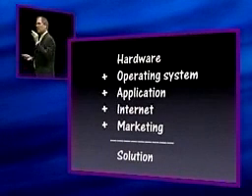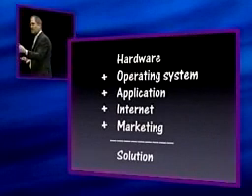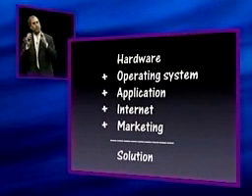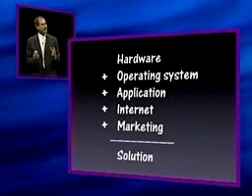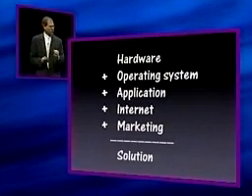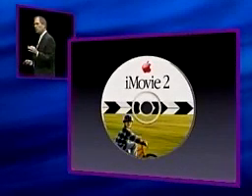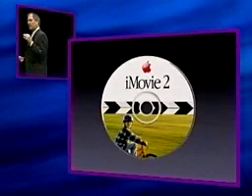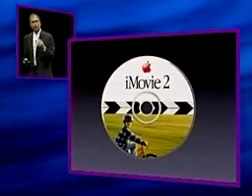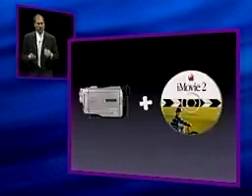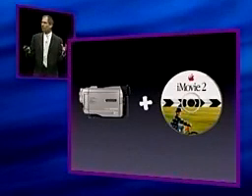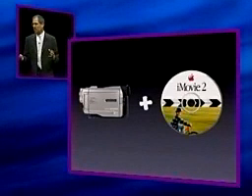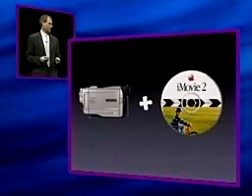And Apple is unique in that it does all of these things. And so we can really focus on these applications and make them happen, these new solutions. And so iMovie 2 taught us that the digital hub, the personal computer running the right applications, could make a camcorder worth 10 times as much as a camcorder alone.